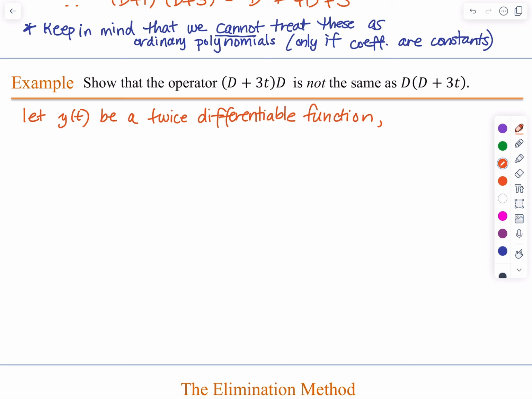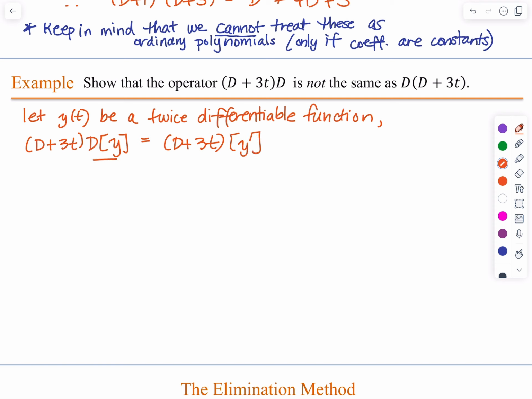So if y of t is a twice differentiable function, we have that D plus 3t multiplied by D of y is equal to, and we're starting here with this left-hand side, D plus 3t of y prime.